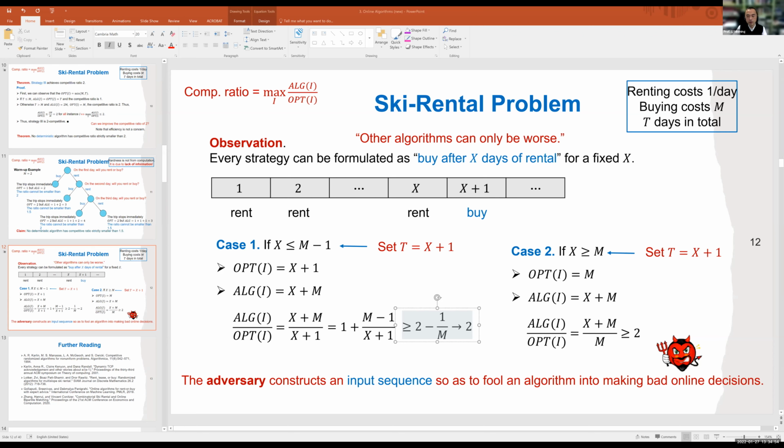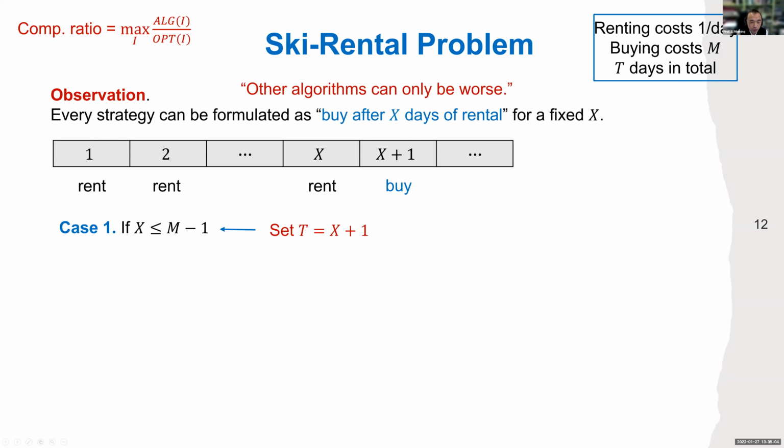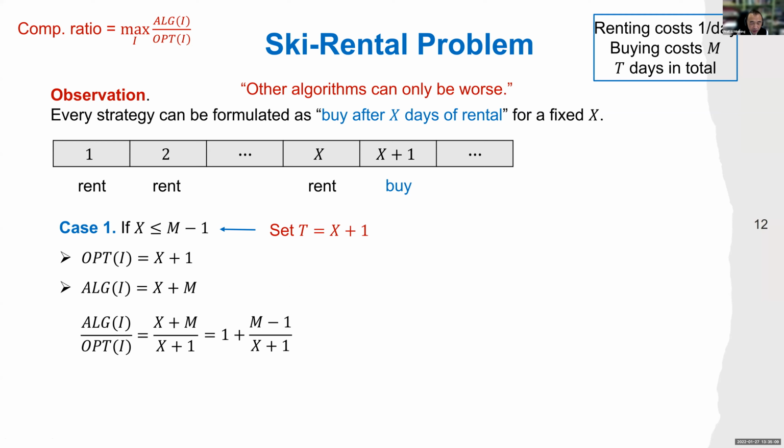Okay, so yeah, I will not go deeper. Let me make it full screen. I will not go further to explain what will happen if you adopt a strategy like buy after 1 day. Actually, buy after 1 day will be very bad, right? So buy after 1 day, then the season just stops after 1 day. So that value could be very bad.